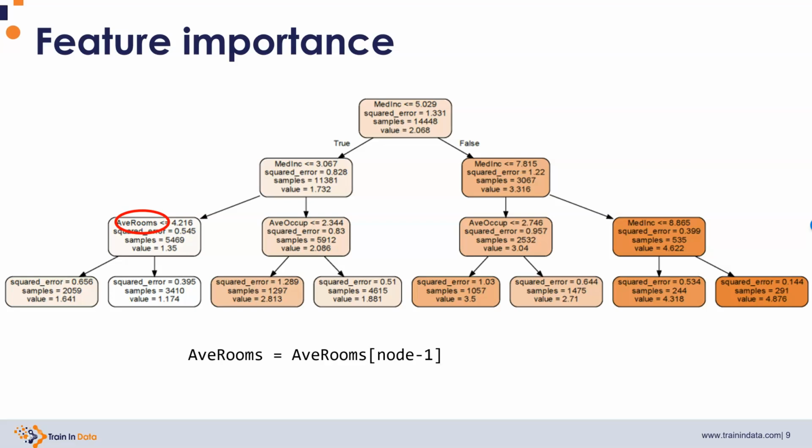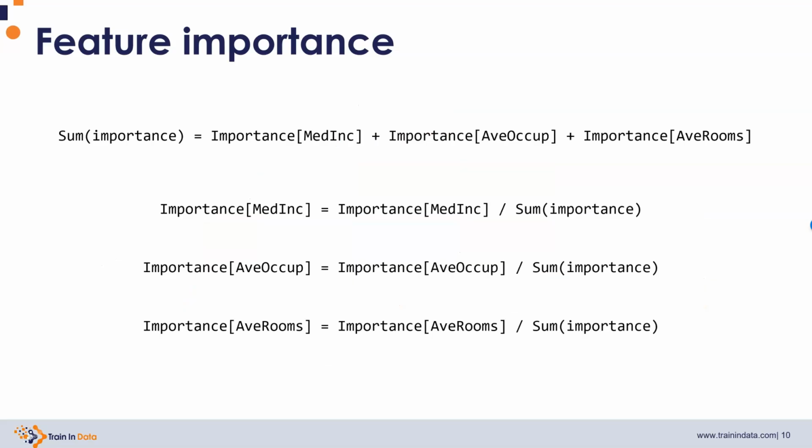Now, the importance derived from decision trees is normalized to the total importance of the features. So what we need to do next is we need to sum the importance of each one of the features in the tree. So we sum the importance of the median income plus the importance of the average occupancy plus the importance of the average number of rooms. This will return the total importance.